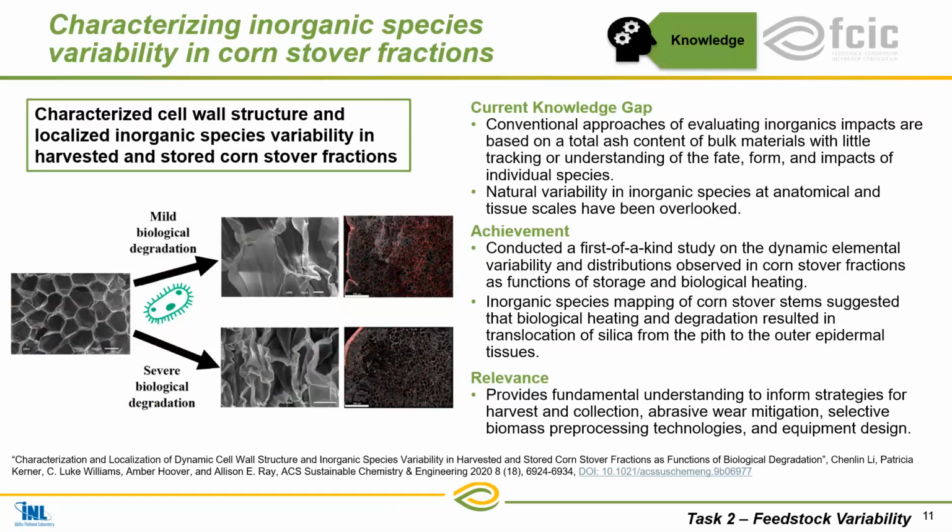As this work goes forward, this could have significant impacts on how the biomass gets handled if we are moving some inorganic species to outer layers of the biomass. That could have implications for wear down in the biomass handling hardware throughout the process.